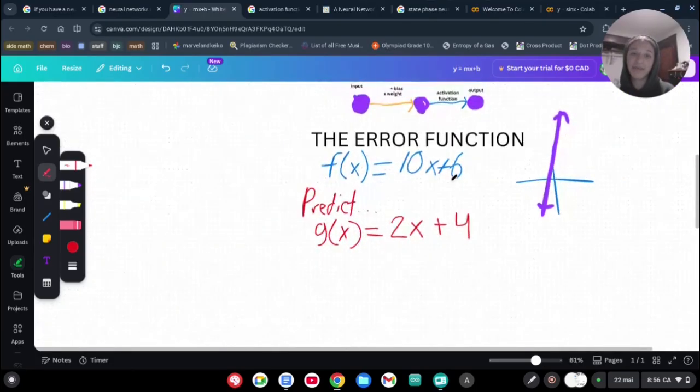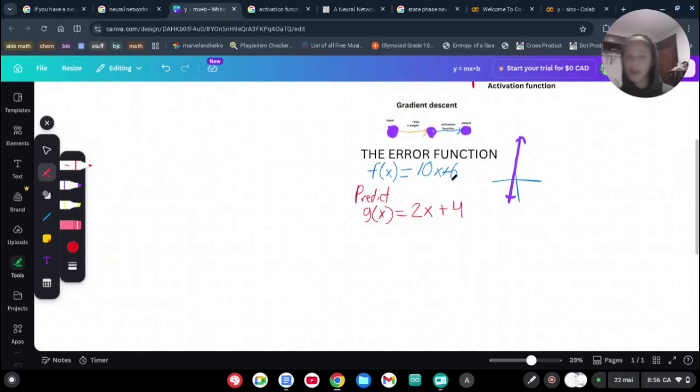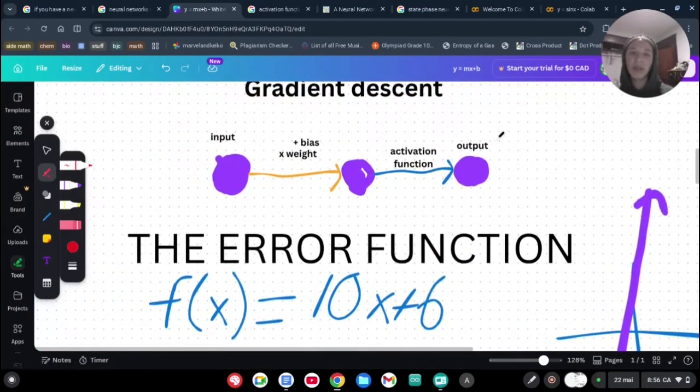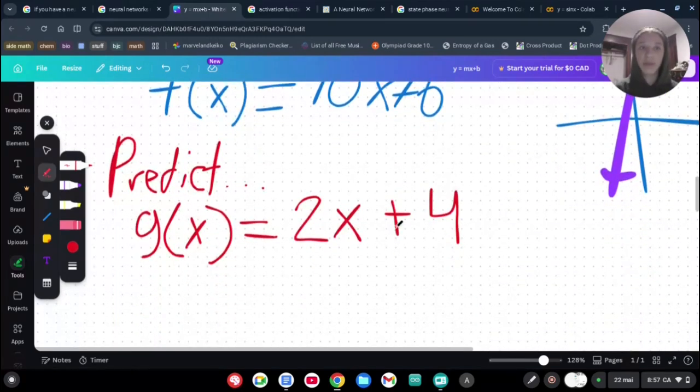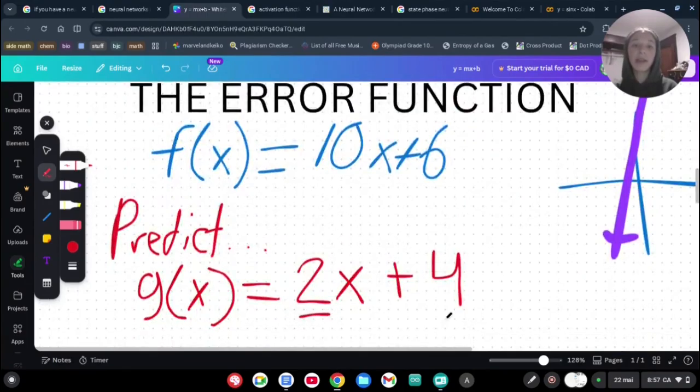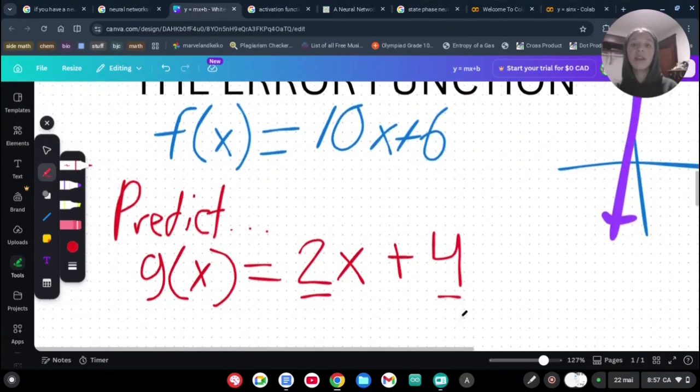And actually, for this neural network, we don't even need an activation function. We're just gonna cross that out for now because we're only approximating a linear function right now, so it doesn't really come in handy. So without an activation function, this becomes my output. I can be certain that my weight is 2 and my bias is 4.